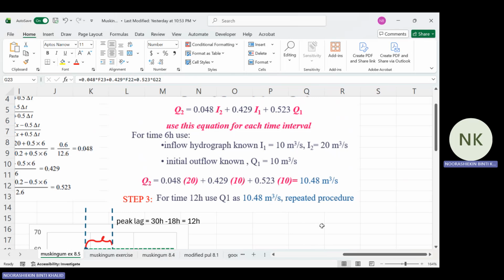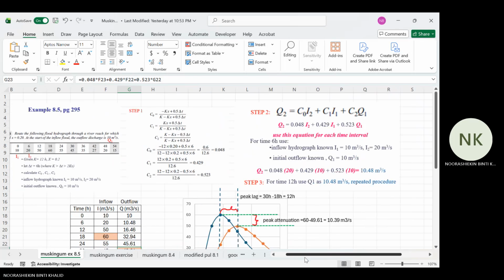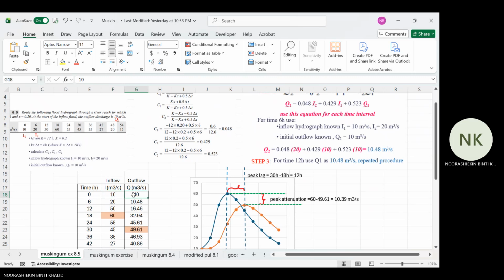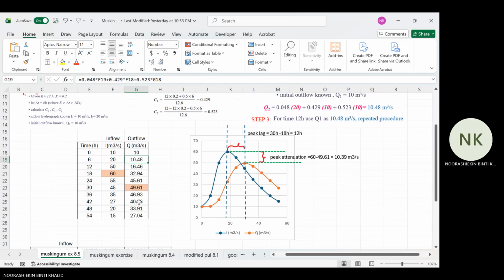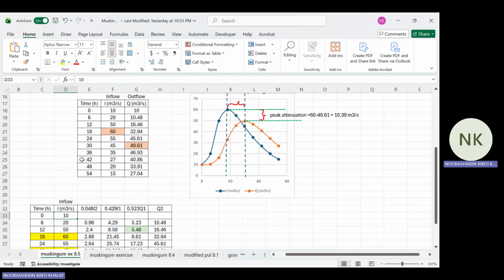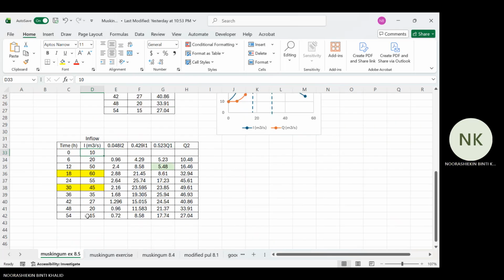Step number 3. First, you copy the time from 0 to 54, so I get this table.